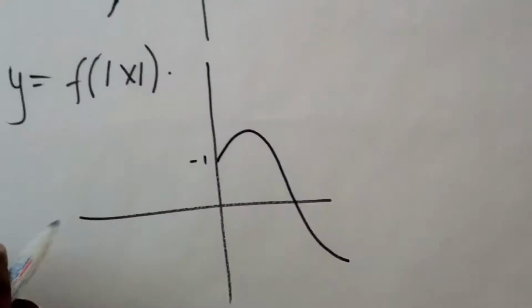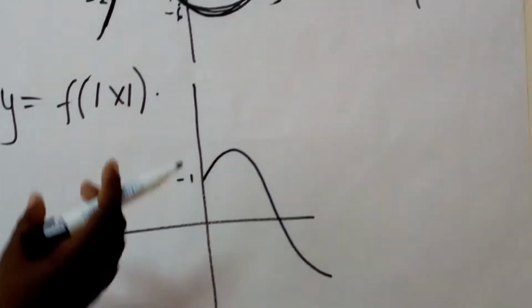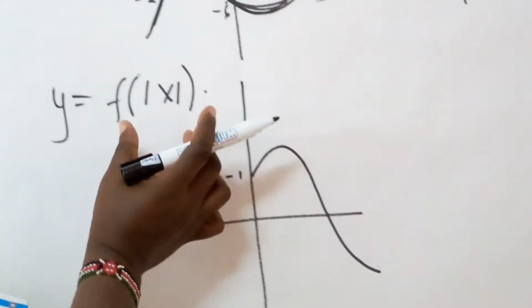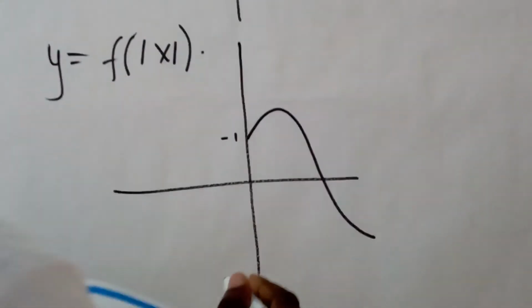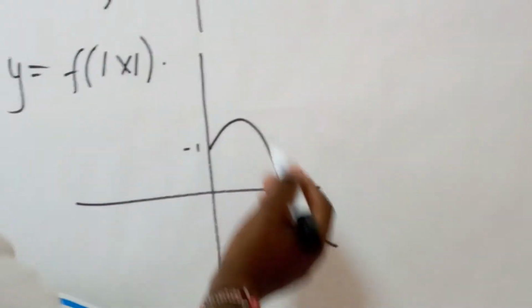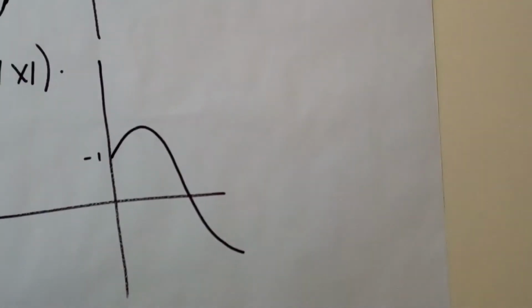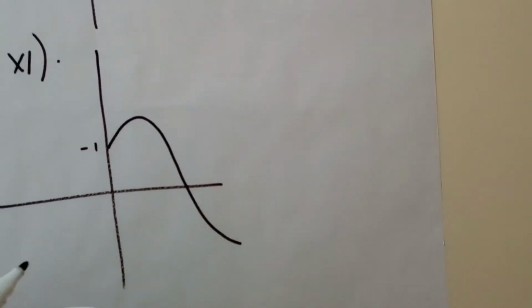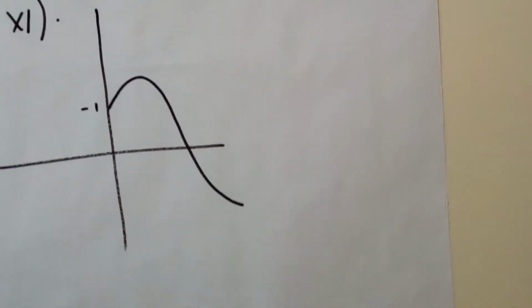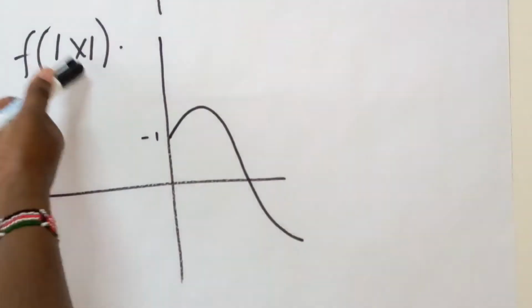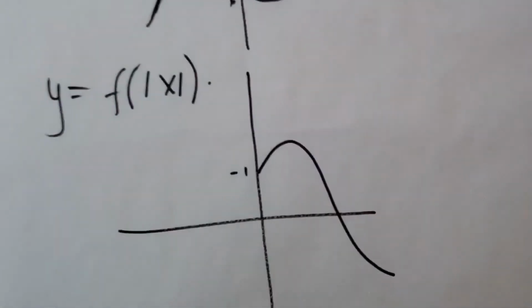The first step, if you want to sketch the graph of y equals f modulus x, is first of all to have the graph of y equals f of x for all values where x is equal to or greater than 0. Reason being, x itself is moduled.